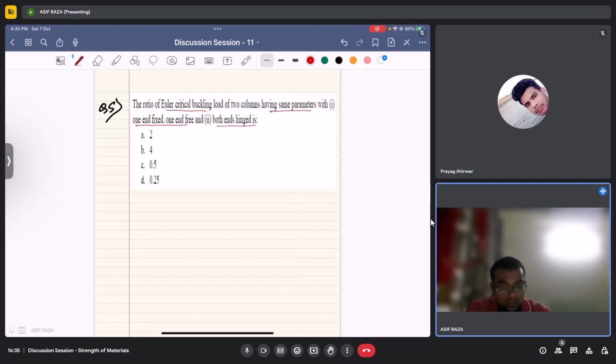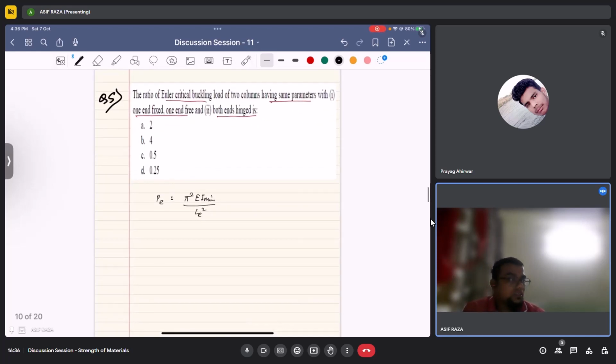So if you remember, it's given that parameters are same, and the formula for Euler buckling load is pi square E I minimum upon L E square, right? If all the parameters are same and the boundary conditions are only changing, then our LE will only change.